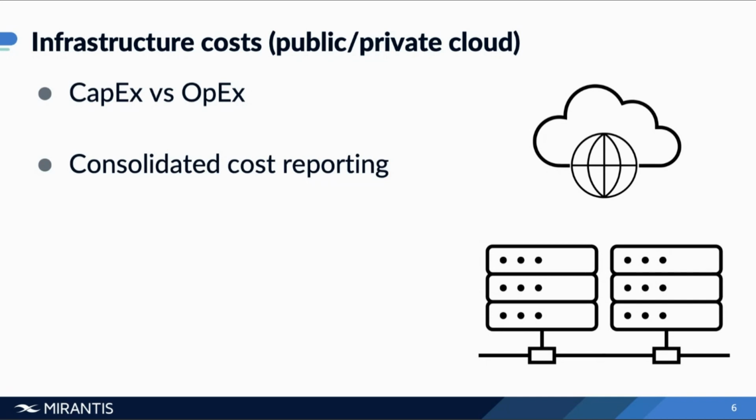Your capital expenditure, which is the cost of acquiring hardware, and operational expenditure, OpEx, which is your day-to-day, month-to-month subscription, your costs for operating your environment, and so on and so forth. Now a lot of folks kind of equate them to a private cloud or an on-prem data center, or the public cloud, your AWSs, Azure, GCPs, and so on. But we'll keep them on a very high level.